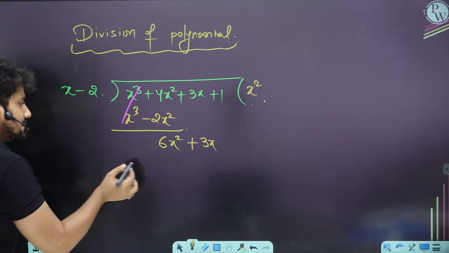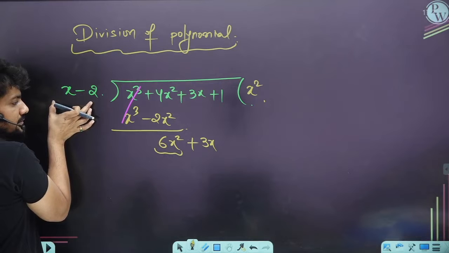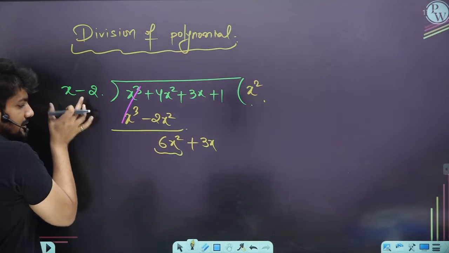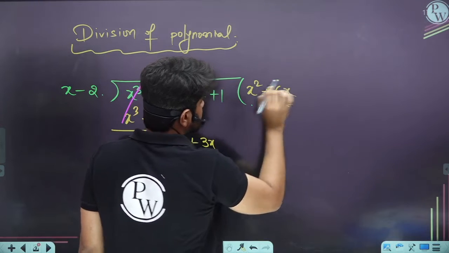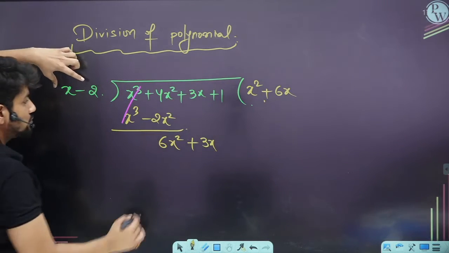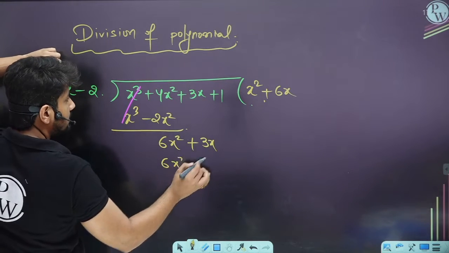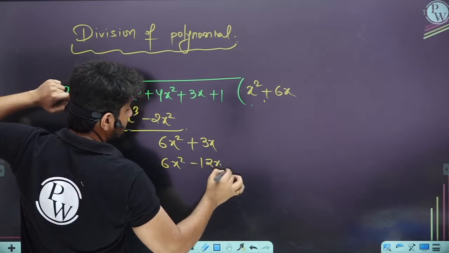Now I want to cancel this term 6x square, so I have to multiply by 6x. 6x multiplied by x minus 2, I will get 6x square, and 6x multiplied by minus 2, I will get minus 12x.